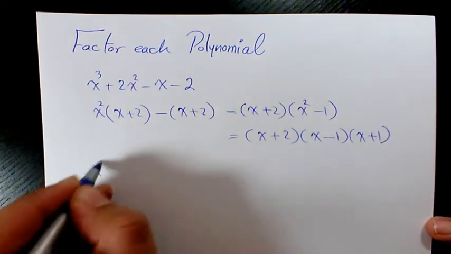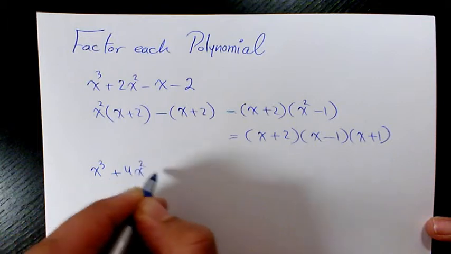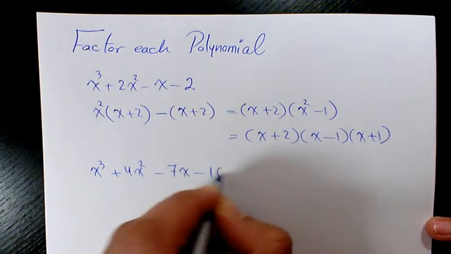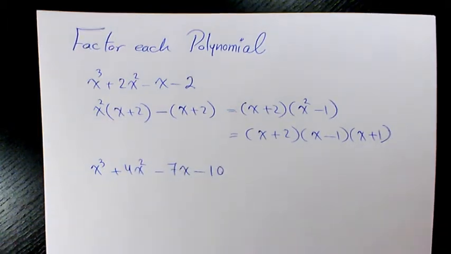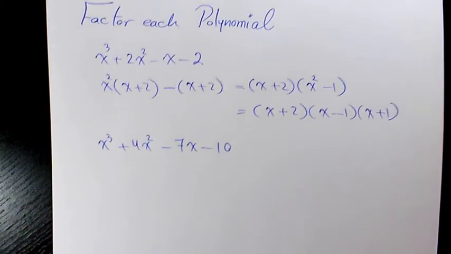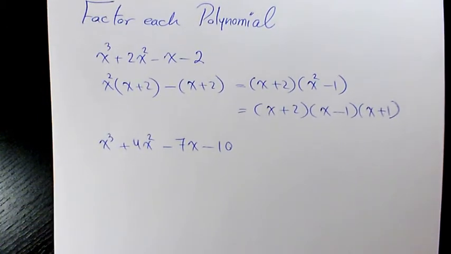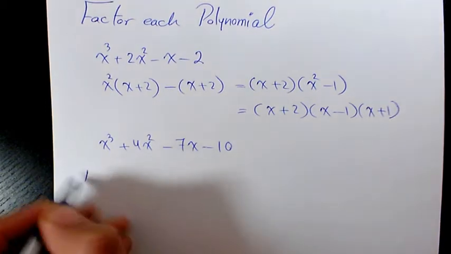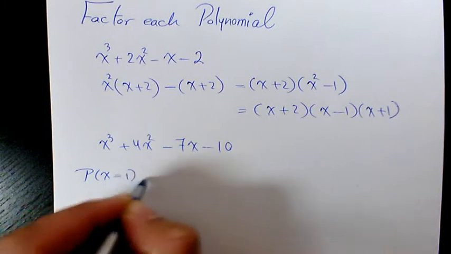Next one is x cubed plus 4x squared minus 7x minus 10. How do we factor this one? We cannot use group factoring or greatest common factor, so basically we need to do trial and error. Let's use 1.